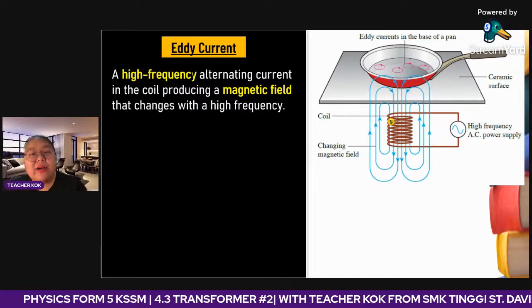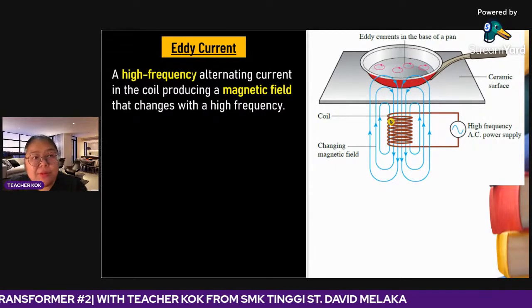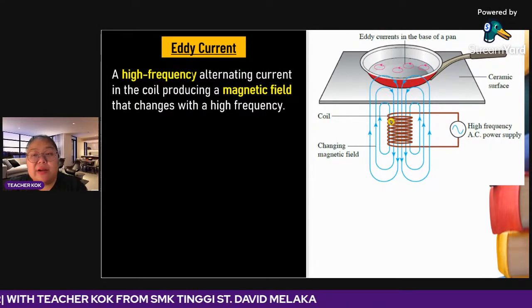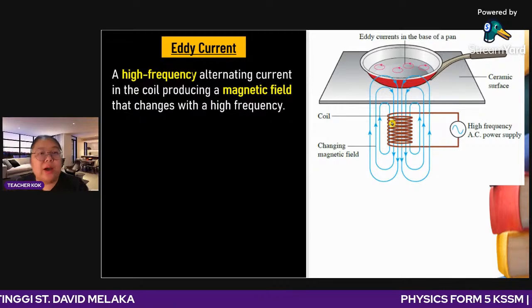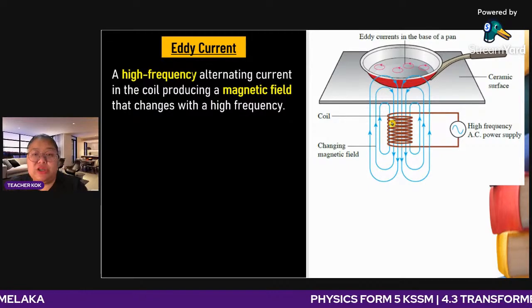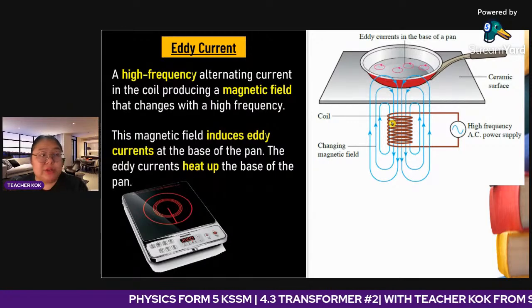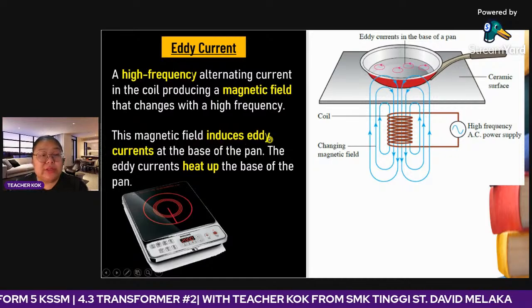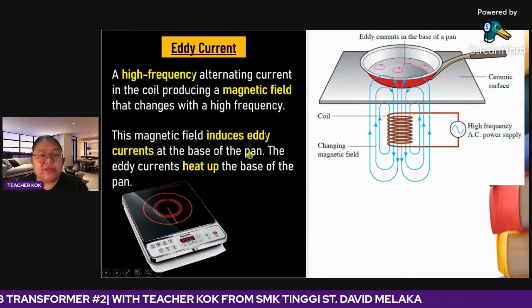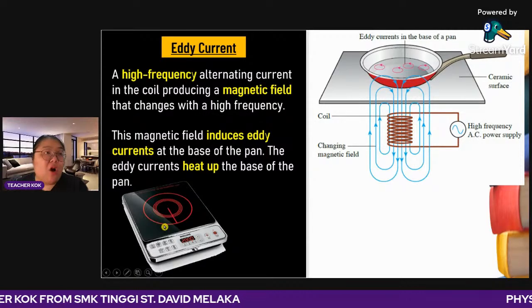But this eddy current has a function because they want to heat up. Just now the transformer, they don't want to heat up. They just want to produce an induced current. So from here, the eddy current is used for cooking, that's one of the advantages. For example, in cooking, they use the eddy current. This magnetic field induces the eddy current at the base of the pan. You can see the shape is just like a coil shape.